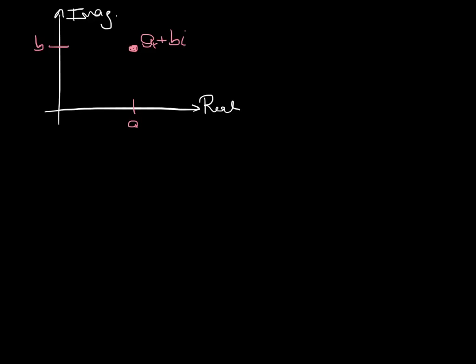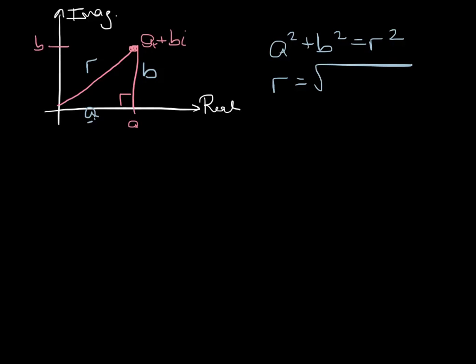Now if we draw a right triangle, we know that this distance is a, this distance is b, and this distance we can call r, and imagine that that's the radius of a circle where this is a point on that circle. So the relationship we have here is this, where r is equal to radical a squared plus b squared.